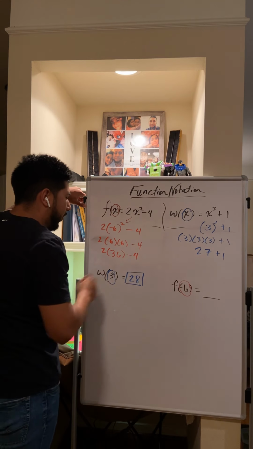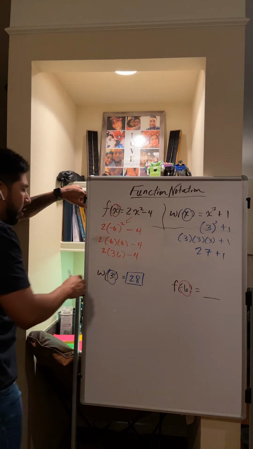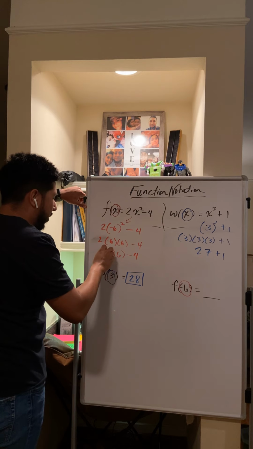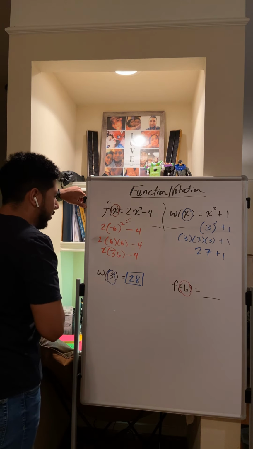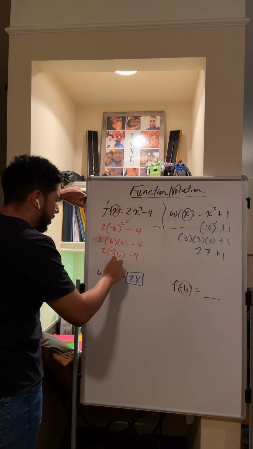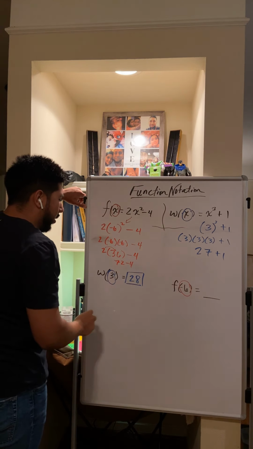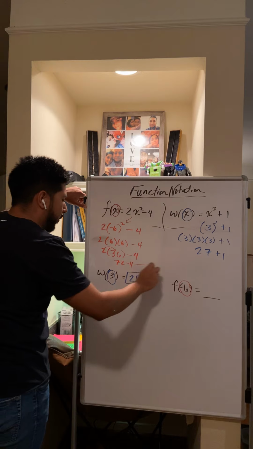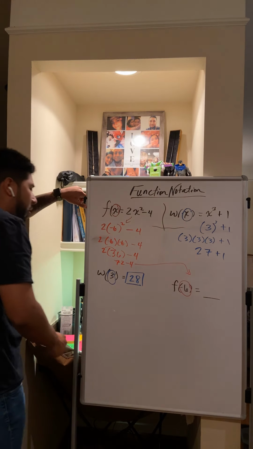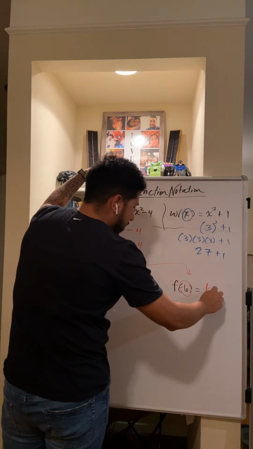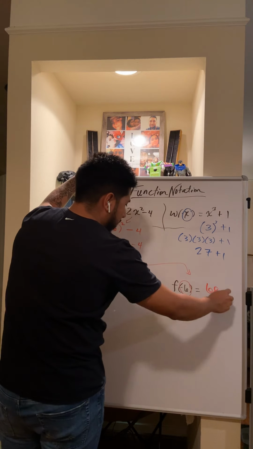Bring down the -4. And then we do 2 times 36, calculator. 2 times 36 is 72. -4. 72 minus 4 is 68. Boom.